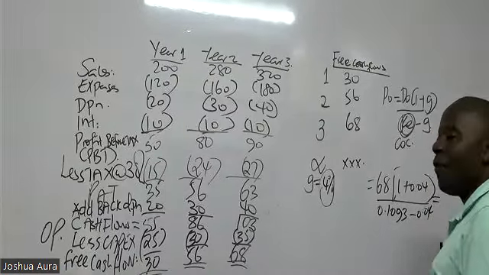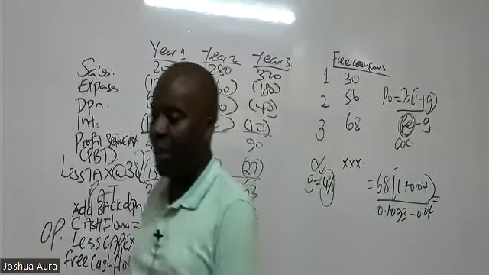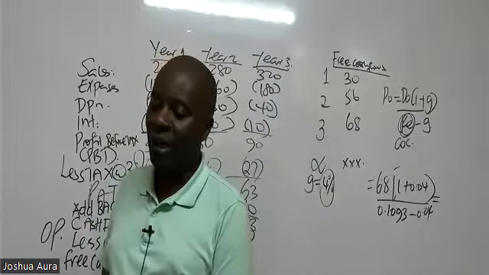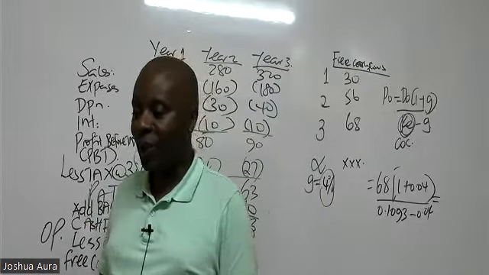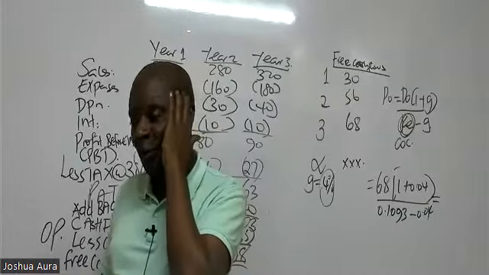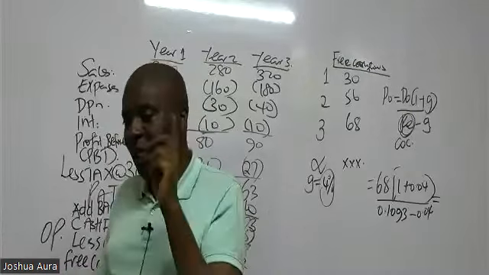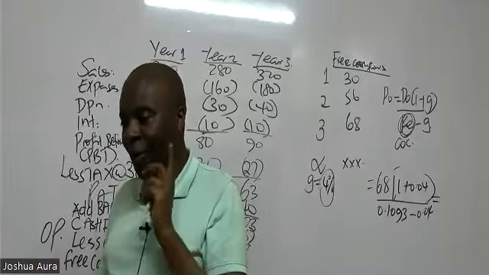So here you have to go very slowly. First of all, give me the numerator: 68 times 1.04. Numerator alone. What figure are we getting?